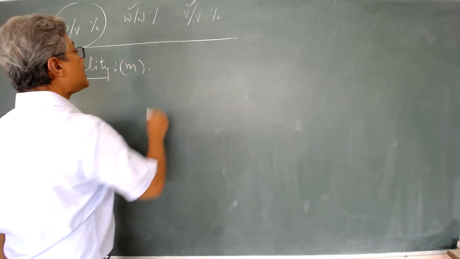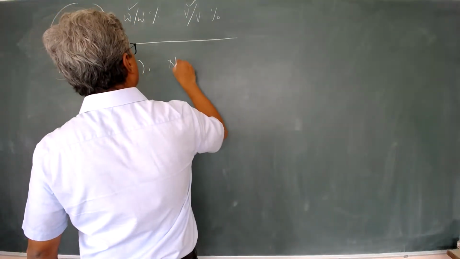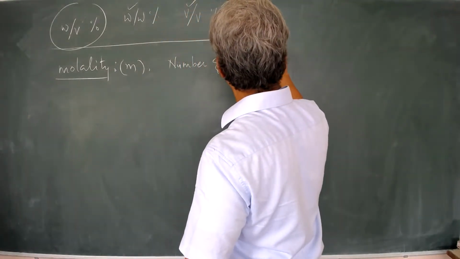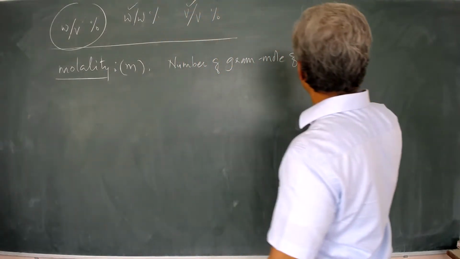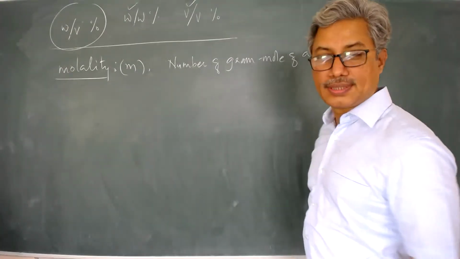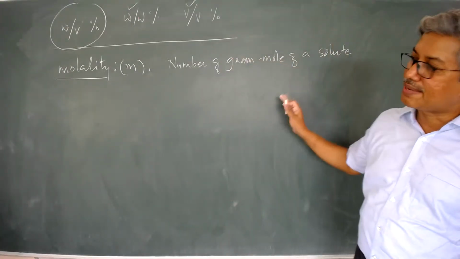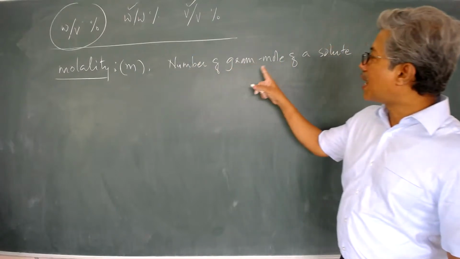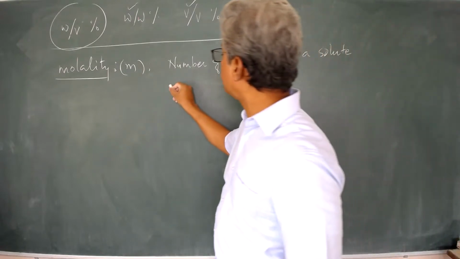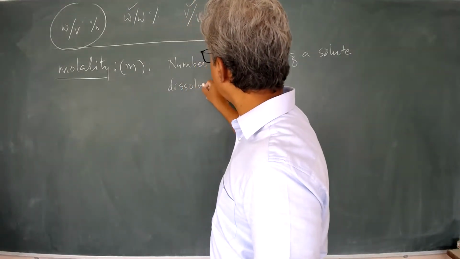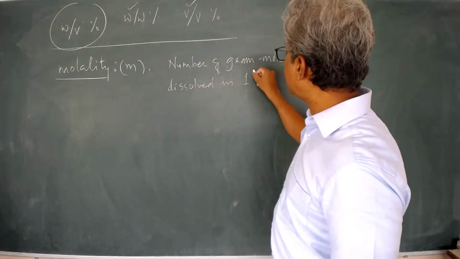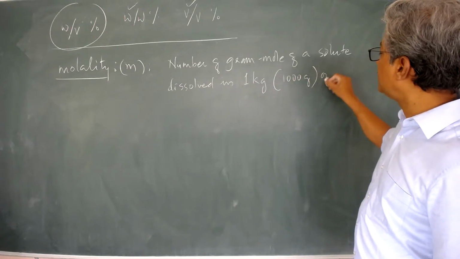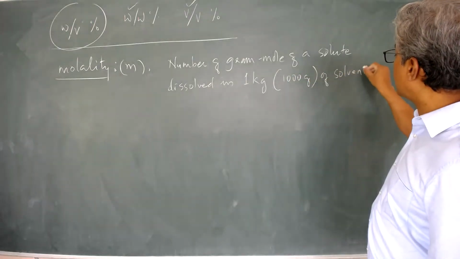This is defined as the number of gram mole of a solute, up to this it remains the same as molarity, dissolved in 1 kg or 1000 gram of solvent.